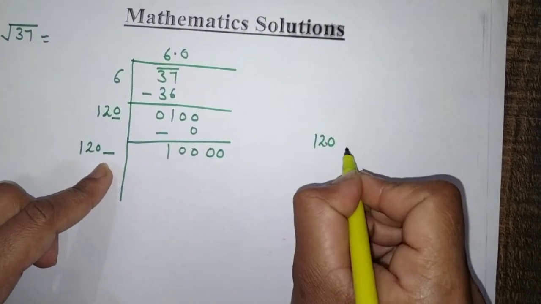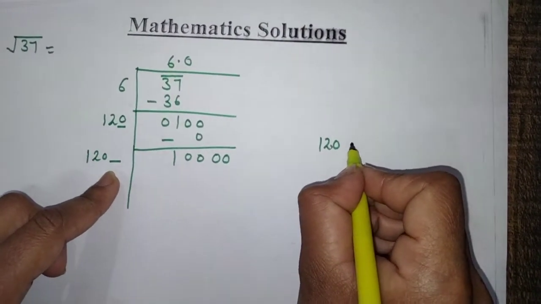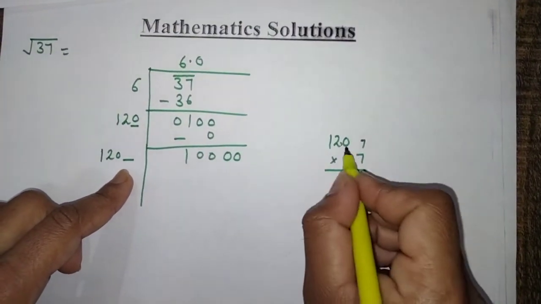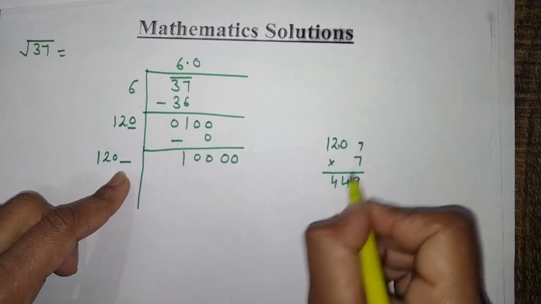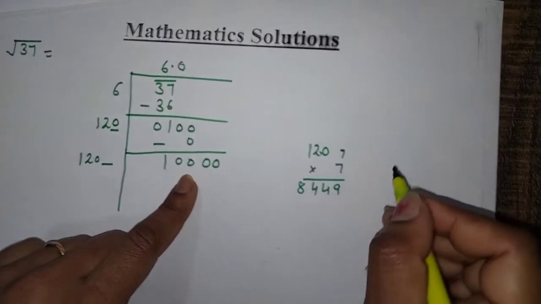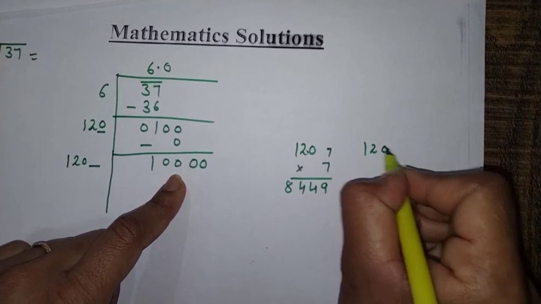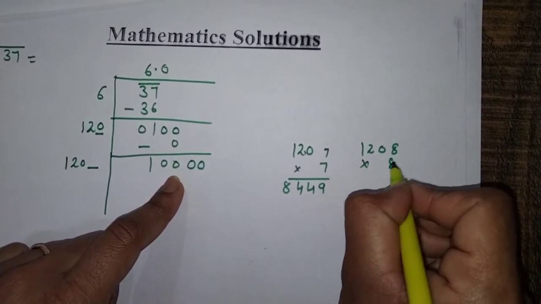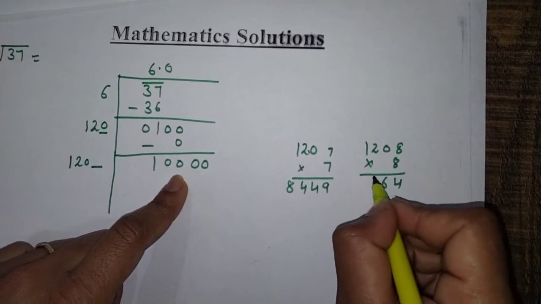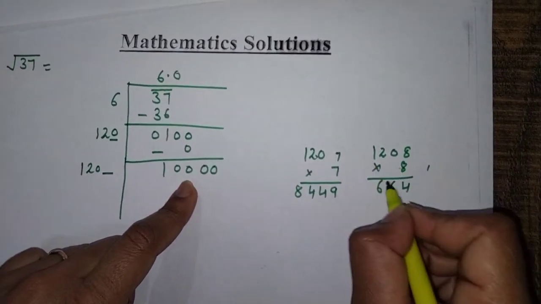Now if I write the number 7 here and multiply it with 7, then I will get 7 7s are 49, which is close to this, but let's multiply with its next number. 8 8s are 64, 8 2s are 16, 1 8 1s are 8 and 1, 9.